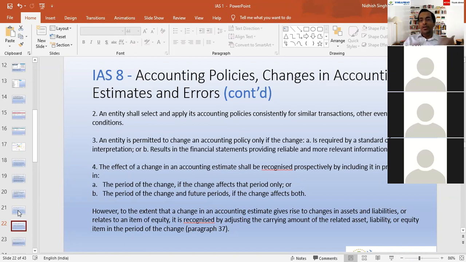Otherwise, it can be changed year on year, and it will be easy to manipulate the balance sheet and P&L, isn't it? Hence, the rule that you need to reflect it on the face of the statement of changes in net assets and also in the disclosure notes, so that management has to be very cautious while making such judgments and changes.